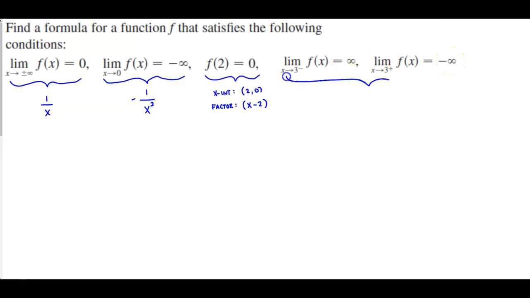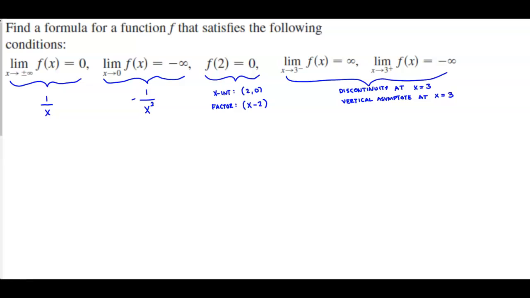Since they do not equal each other, that means there's a discontinuity at x equals 3, which means that there is a vertical asymptote at x is equal to 3.